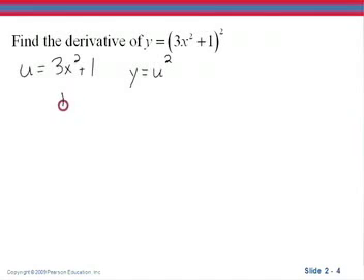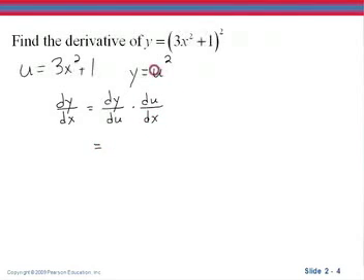Now if we use the Leibniz notation, dy dx is the derivative of y with respect to u times the derivative of u with respect to x. Then we will look at this y function. And remember, the derivative of u squared, if u is our variable, will be 2u.